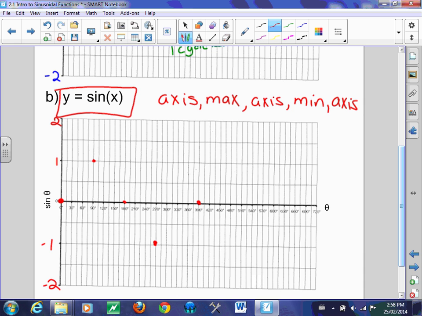Okay? And then if we want to do another revolution of that, ladies and gentlemen, we would be back up at, I'm just going to go back to my chart here, 450. Okay, so back up at 450. Okay, and then 540. Back down at 630. And back up at 720.